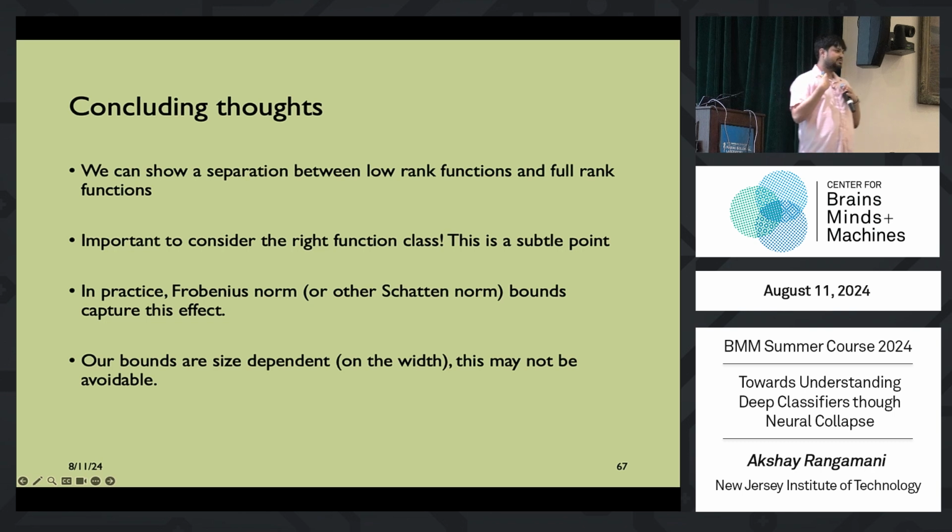You might ask me what this means in practice, and right now I think it doesn't mean too much, because in practice you don't have exactly low rank matrices, so the Frobenius norm already captures whatever savings you have from low rank, so the other bounds are probably better in this regard.